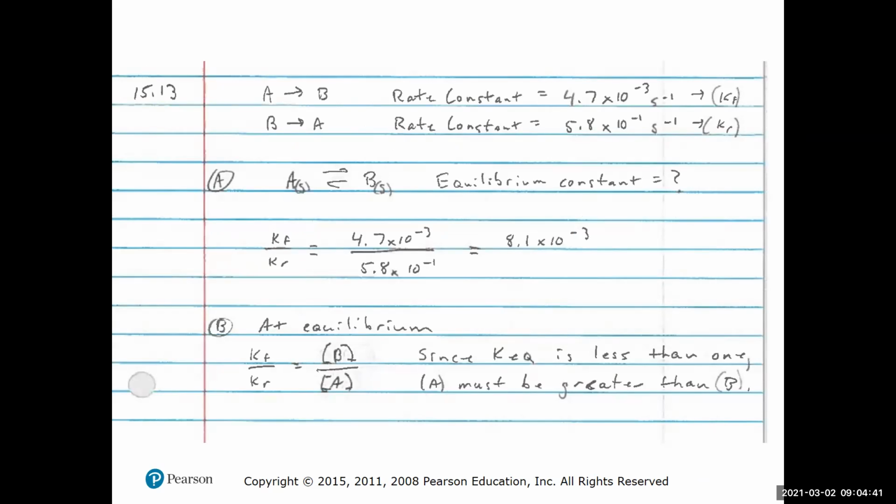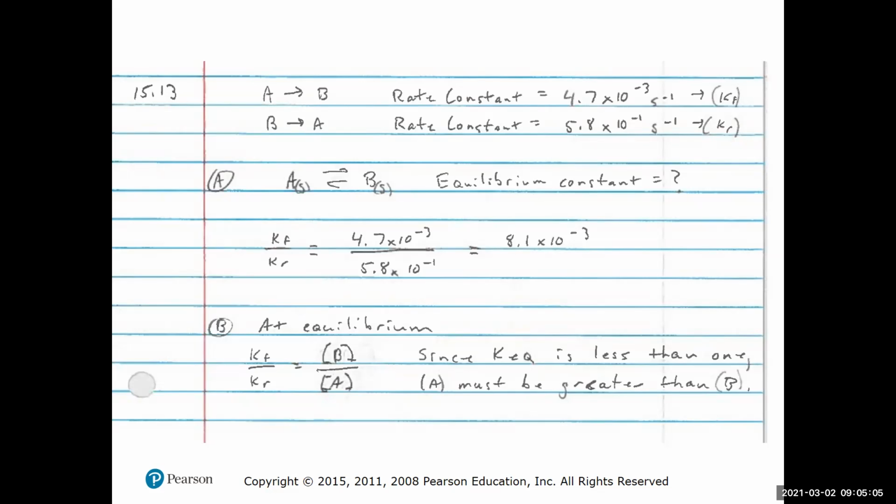And in this one, we're told that we have gas phase reactions of A to B and B to A, and we're given rate constants for these. And then we want to calculate the value of the equilibrium constant for A to B.